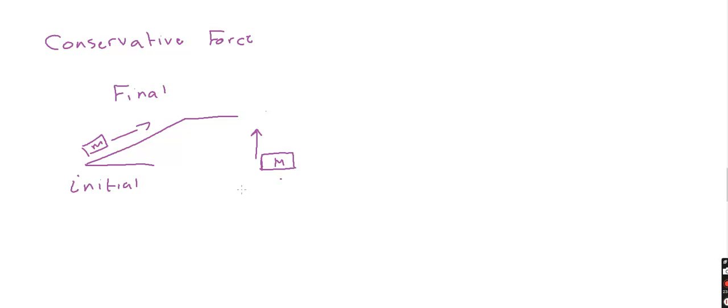That is what we are trying to say when we are speaking about a conservative force. A conservative force will do the same work in moving the object along the incline as it would when moving the object vertically upwards. As long as the initial and the final positions are the same, the path doesn't matter. That is what a conservative force is.